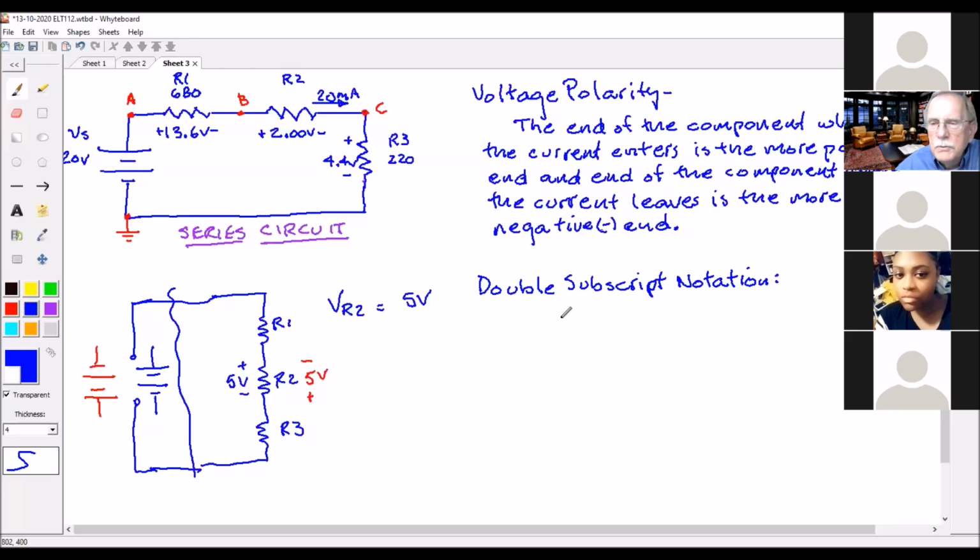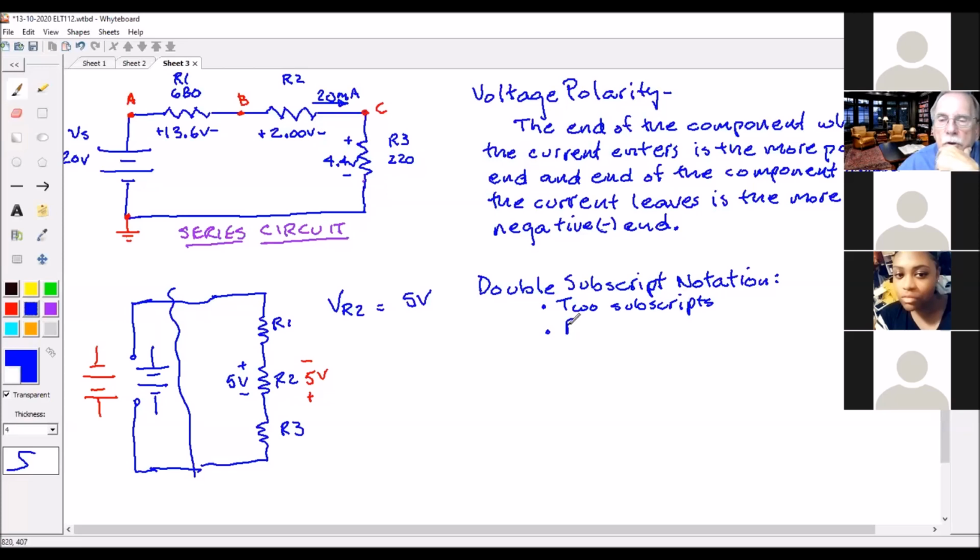So in double subscript notation, it's exactly what the name implies. Double meaning two, subscript, so I have two subscripts. The easiest way to think about it is from a meter viewpoint.